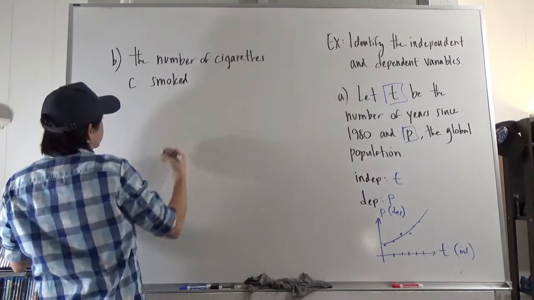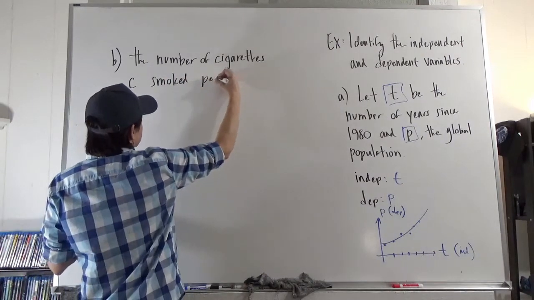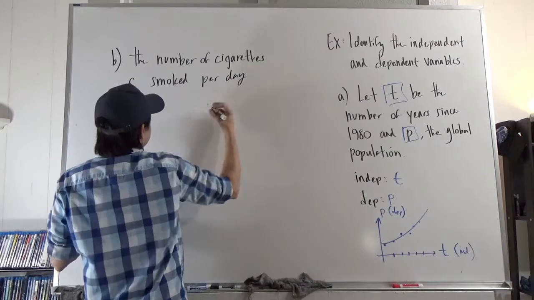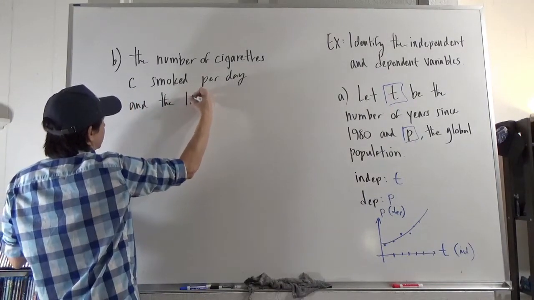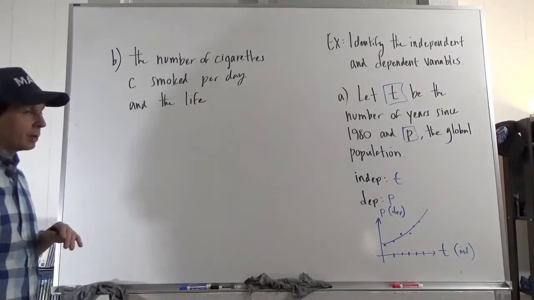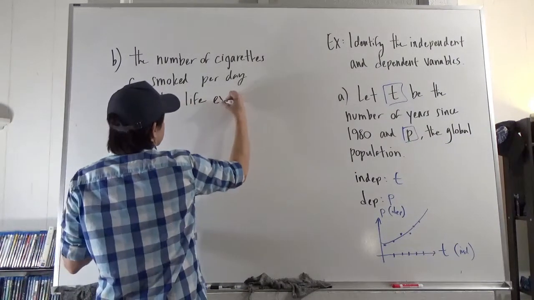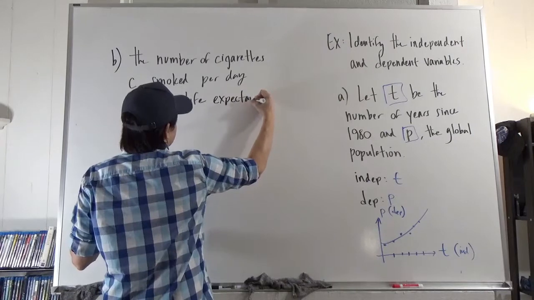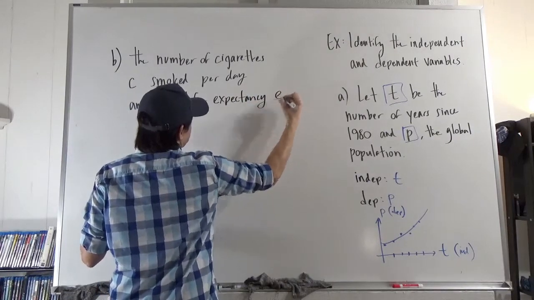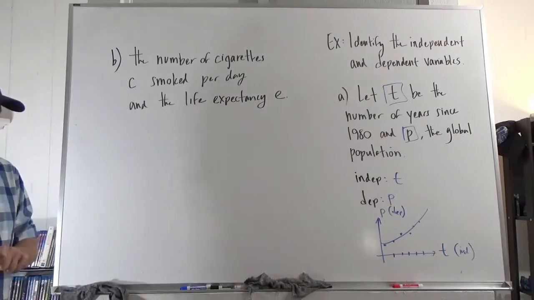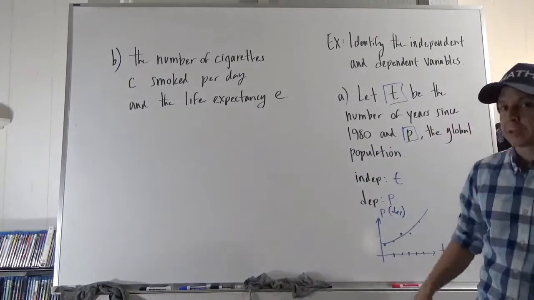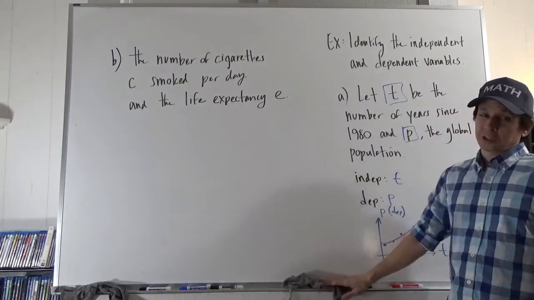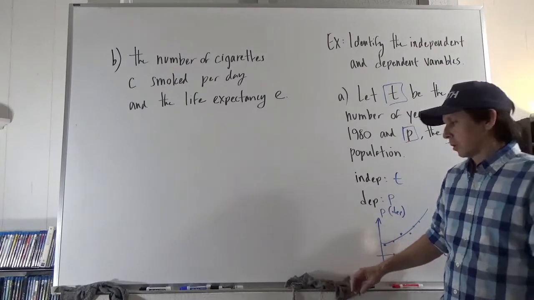The number of cigarettes C smoked per day and someone's life expectancy, meaning how long they're expected to live, which they're going to call E. And these are different letters for different things, but here they're using E for life expectancy, expected lifespan, and C for cigarettes, essentially. Think about that one.